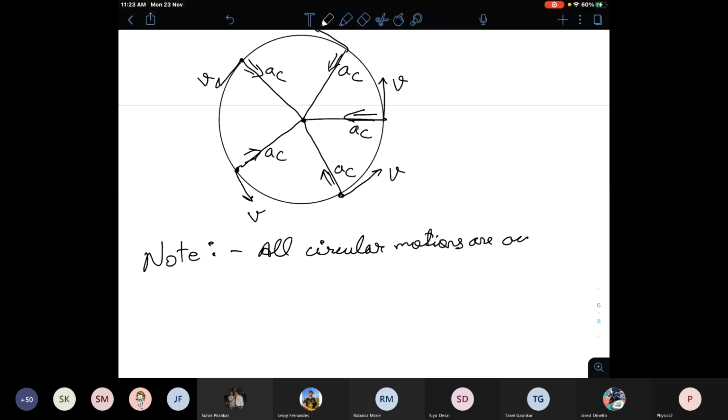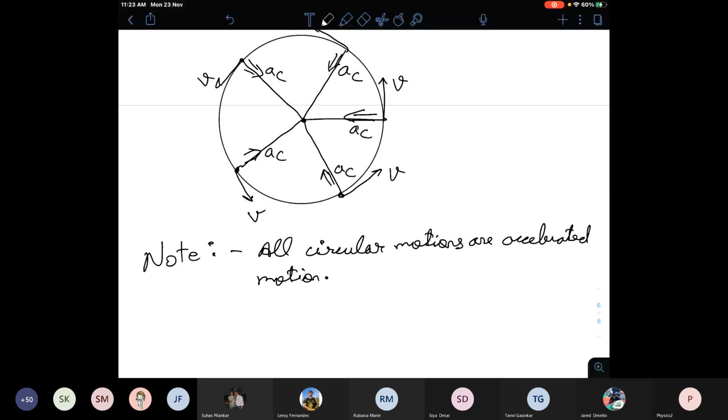Why? Because there is always some kind of acceleration present. Whether the magnitude of your velocity is changing or not, your direction is always changing, hence there is always an acceleration to the system, hence it is always an accelerated motion.